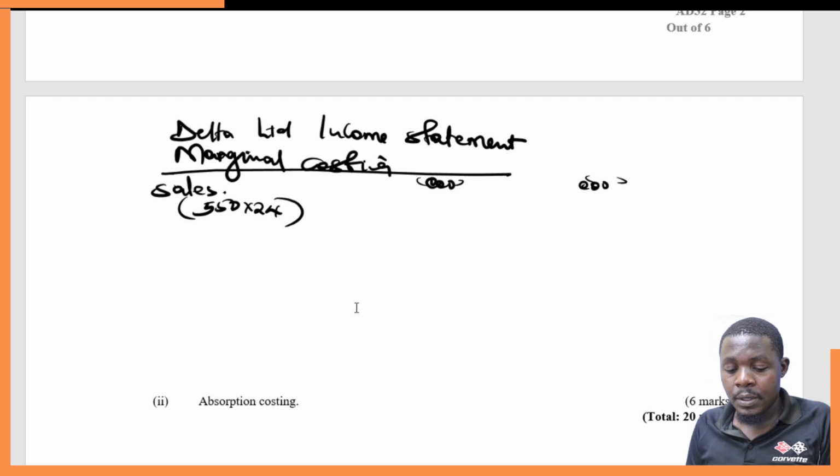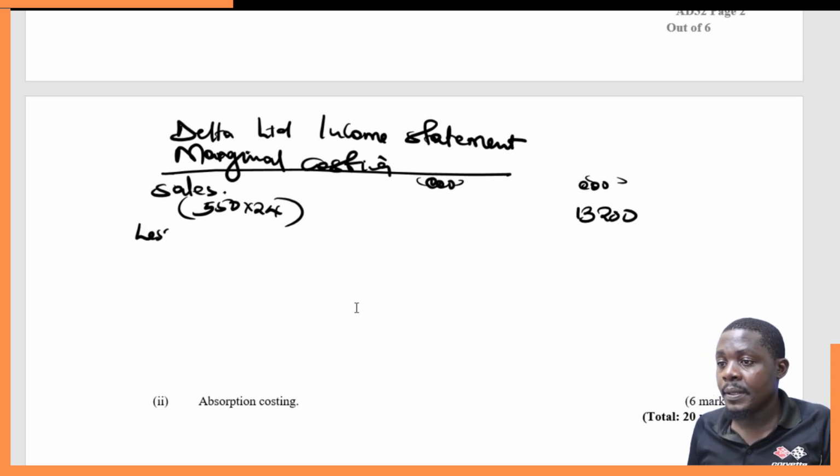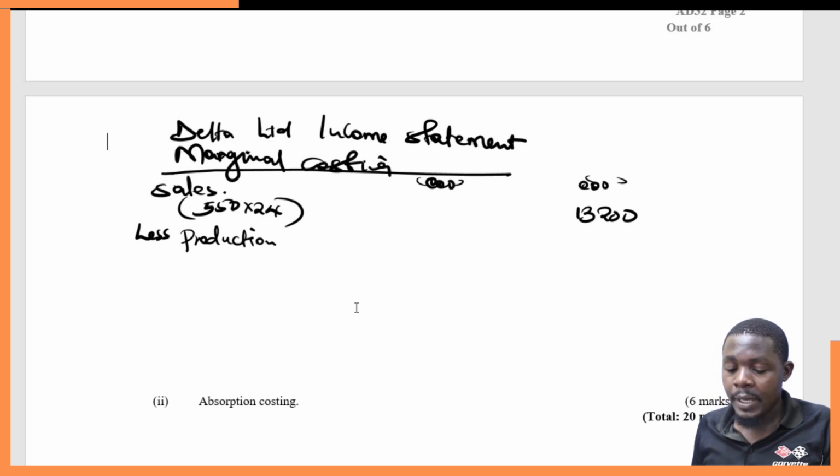550 multiplied by 24, we have 13,200. Then we less production, which we had 30,000. Forget the 3 zeros, we multiply by the variable cost per unit, 350. 30,000 multiplied by 350, we have 10,500.